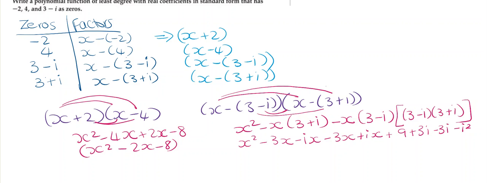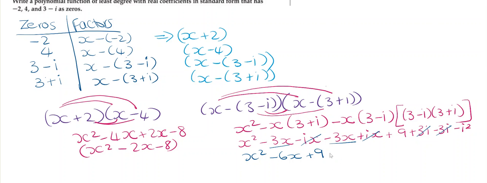So now we need to just simplify. So we have x squared. If we look here, we have minus 3 and a minus 3, so that's going to be minus 6x. Then we have a minus and a minus and a plus, so that is going to eliminate, so that's gone. Here we have a plus and a minus, so that's eliminated, and we now have plus 9 and a minus i squared.